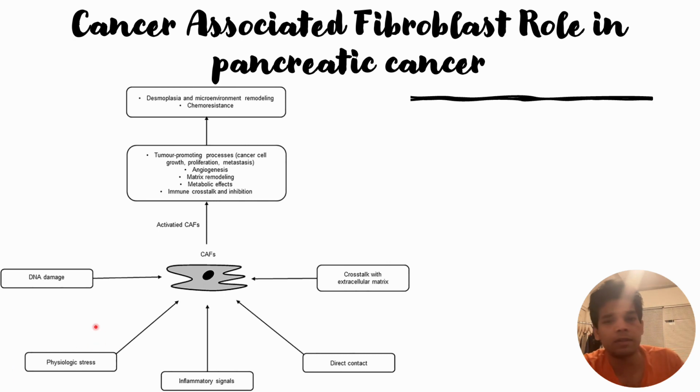It will also cause DNA damage and physiological stress, such as hypoxia, and these conditions support tumor aggressiveness in a way that channels energy towards the uncontrolled growth of the tumor cells.